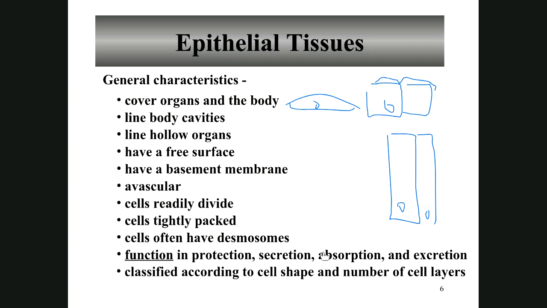A lot of epithelium, particularly, have increased surface area, like the villi or the microvilli of the small intestine, involved in absorption. Excretion is the way to get rid of something. You see a lot in the kidney, excreting your nitrogenous waste, which is part of your urine that has things like urea, ammonia, creatinine, and so forth.